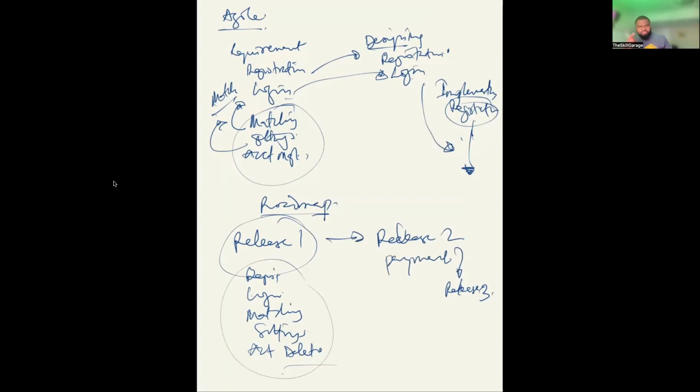So let's talk about Agile. What that means is that Agile is going to analyze the requirement, design is going on, implementation is going on, testing is going on.